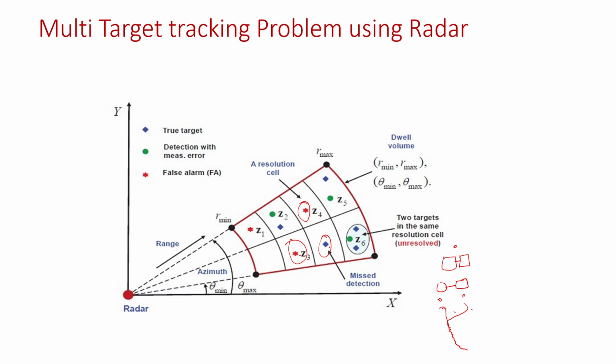Here you have a false alarm, again this is a good cell, you have a target and you have a measurement. Here again a false alarm has come. So, this is actually the scenario when you do radar, and your tracking algorithm should be intelligent enough, autonomous enough, to resolve this kind of conflicting scenario.